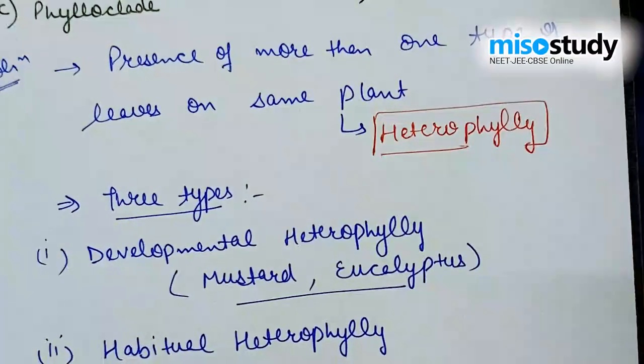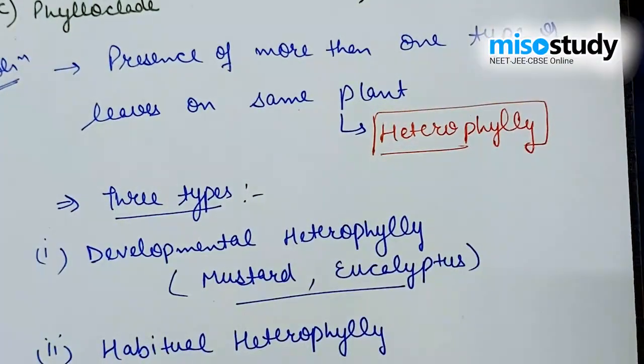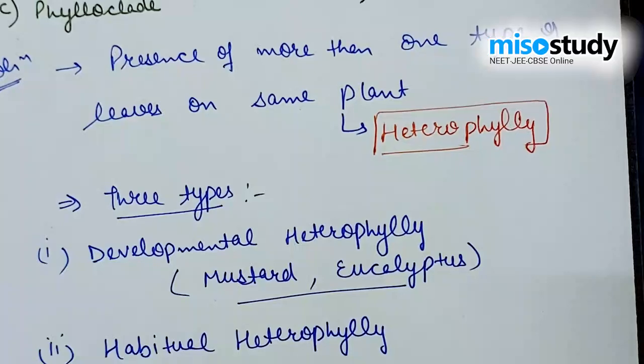An example of habitual heterophylly is the jack tree.